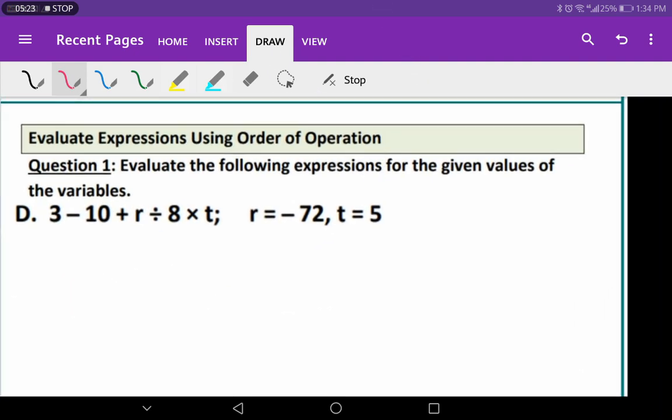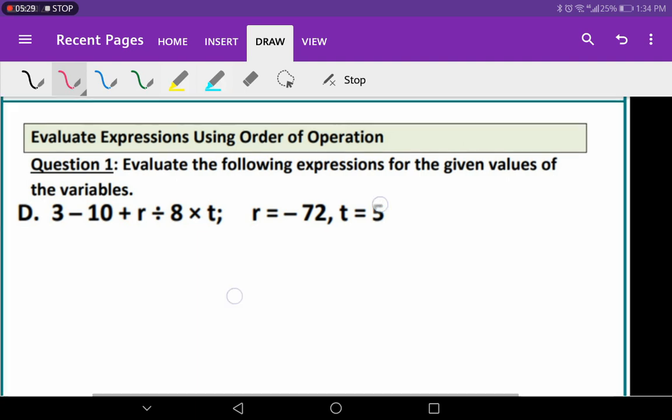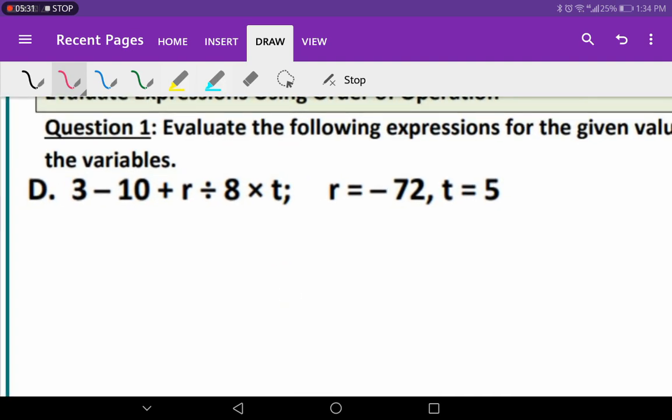Here, evaluate the following expression for the given values for the variables. It is an algebraic expression, and I have the values of the variables. The r equal negative 72 and t equal 5. In all this kind of questions, you have to replace the letter by its value.